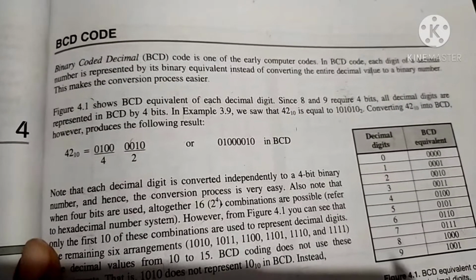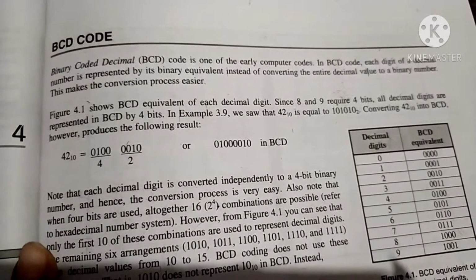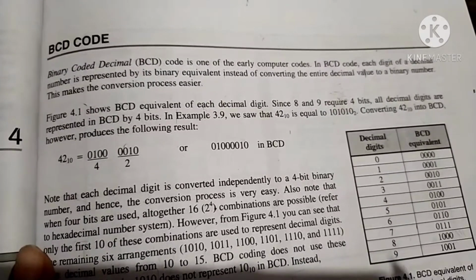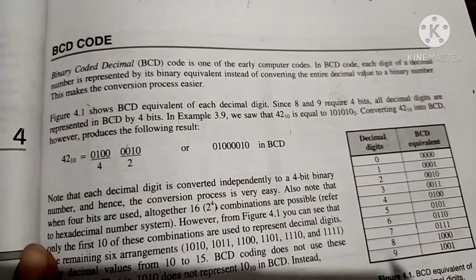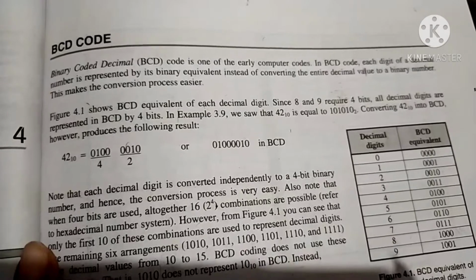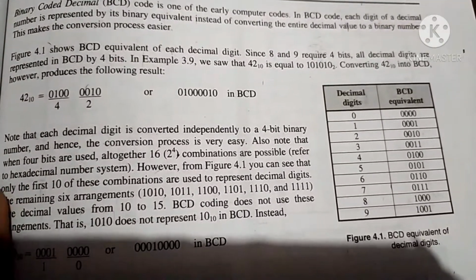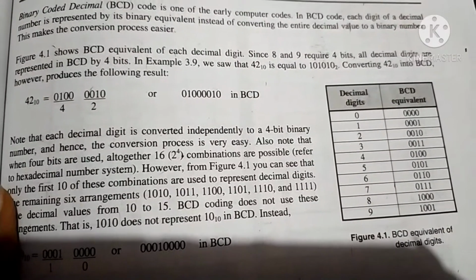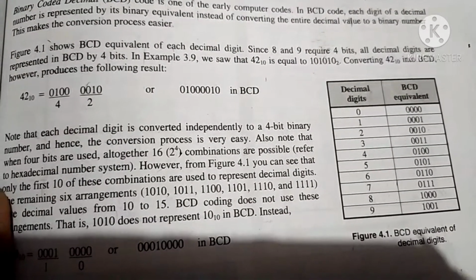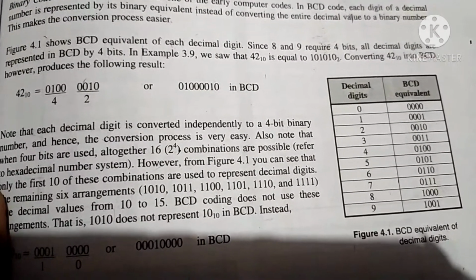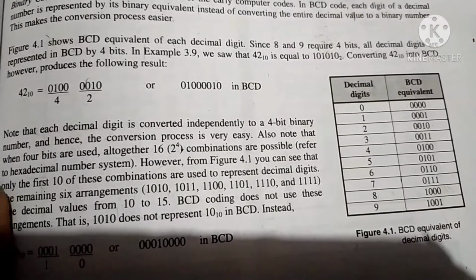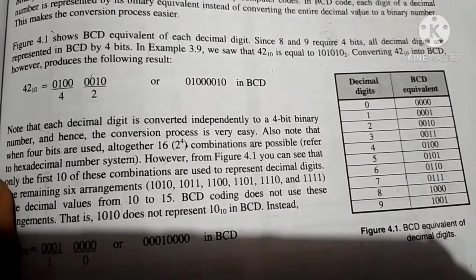Each digit of a decimal number is represented by its binary equivalent. It converts a decimal value to a binary number according to the table which is here. It divides the given number by 2 and makes the conversion possible.